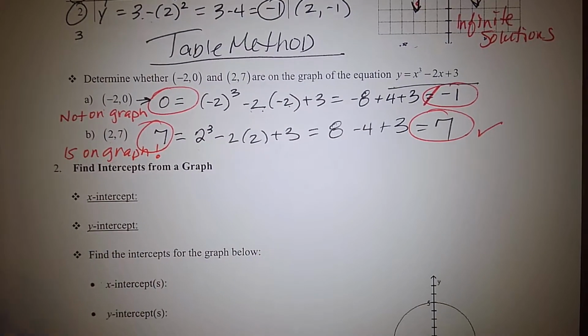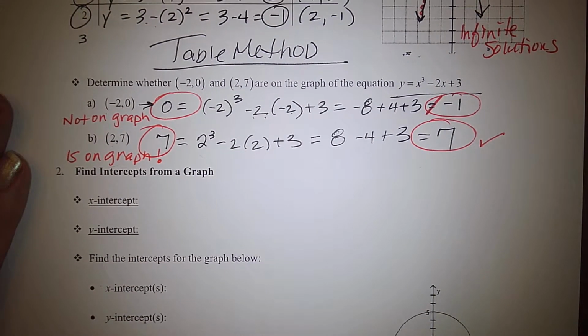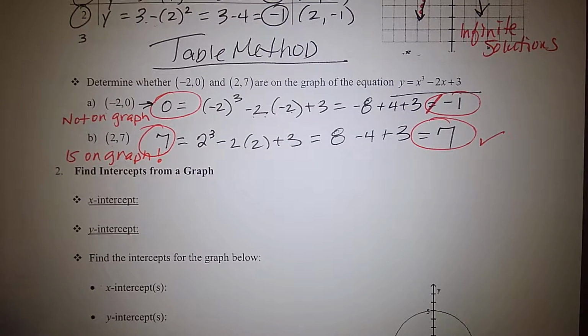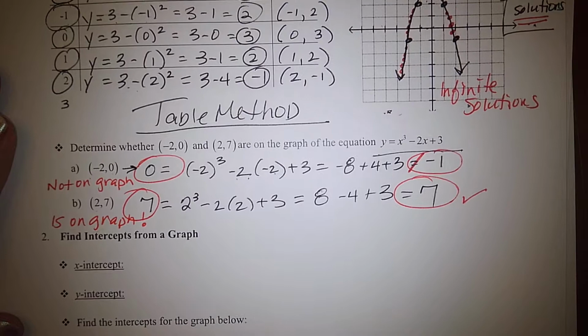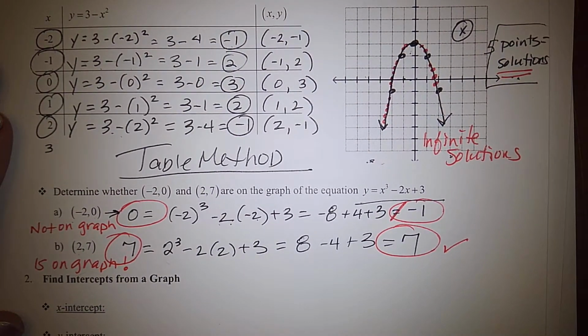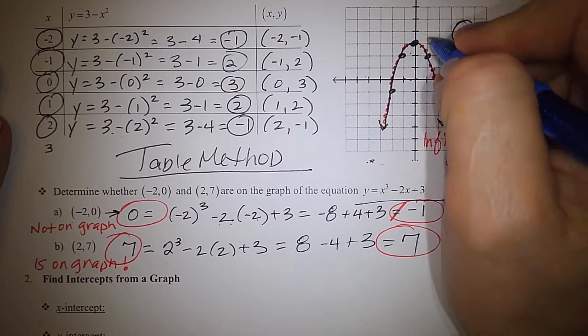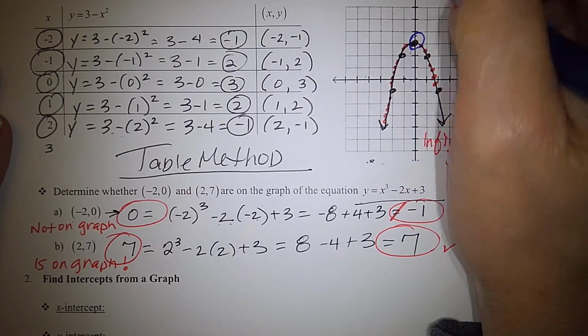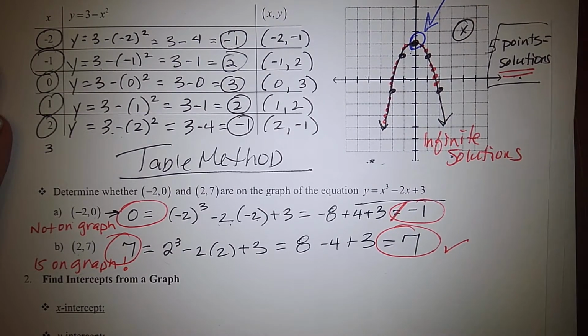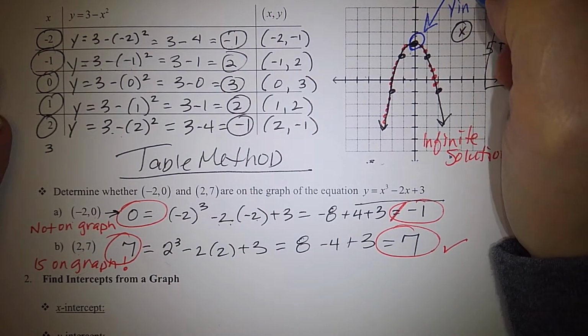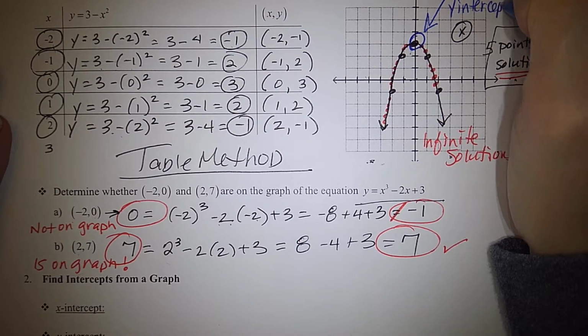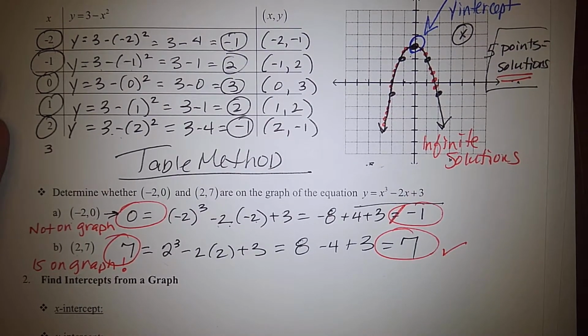Now the intercepts are going to be the points of the graph that intersect the axes. If we look back up to this graph again, the y-intercept will be this point right here. This point is what we call the y-intercept. It only has one.